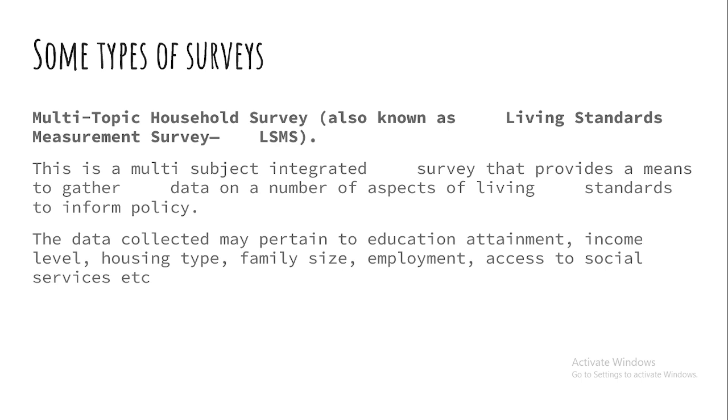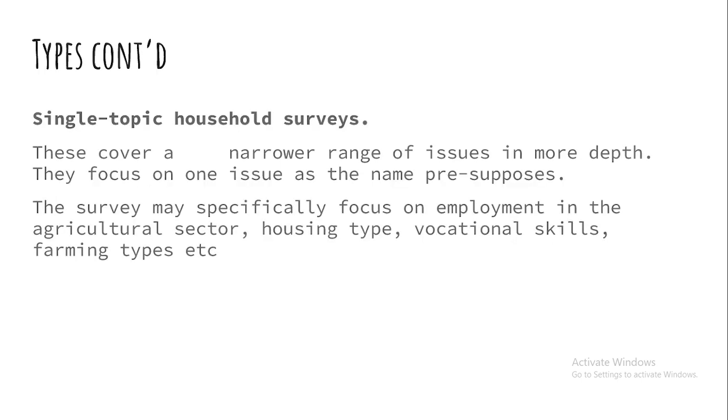So this is a multi-topic survey where you can assess the level of education of the target group, the income levels, the housing type, the family size, the employment, and access to social services. You can conduct this on multiple indicators or standards. This is why it's called the multi-topic household survey, and it is more for when you're targeting households for a particular intervention.